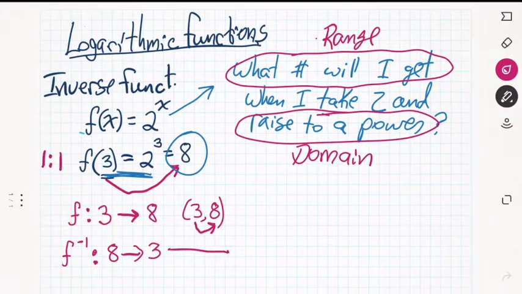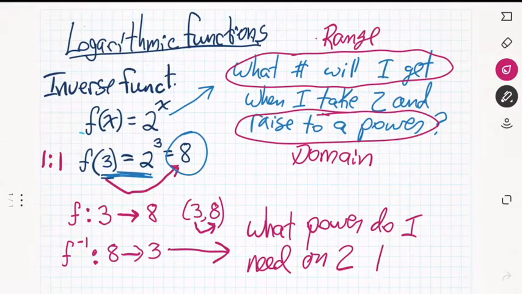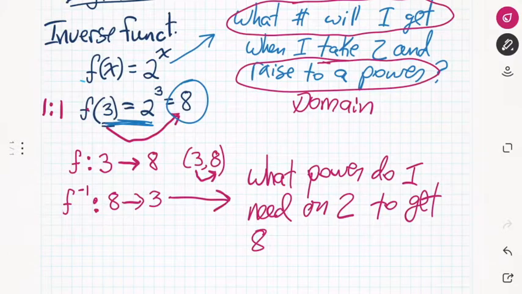So if I do the inverse down here, something that's f inverse that takes 8 and brings you back to 3, should read, what power do I need on 2 to get 8? Or what power do I need on 2 to get a specific number?